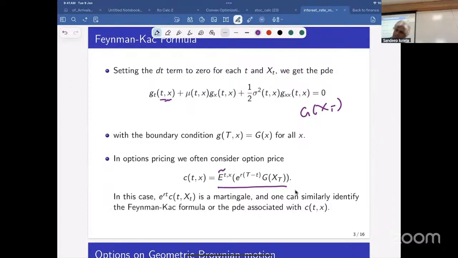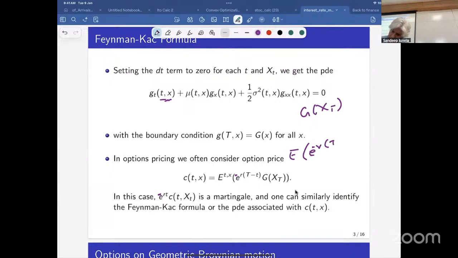So now, this is no longer a martingale. This C_t(X_t), if I were to look at the expected value of e to the power minus r(T minus t) g(X_T), given F_t, the sign should be minus here actually. Yeah, typos.